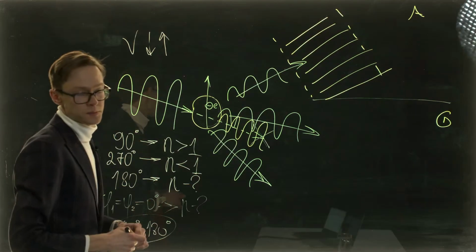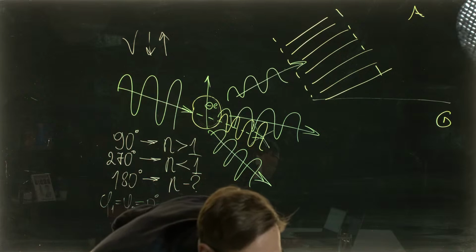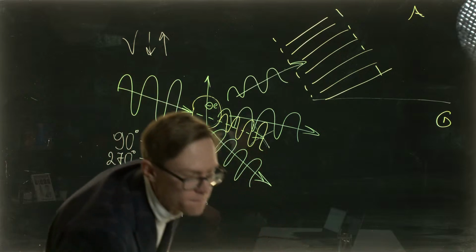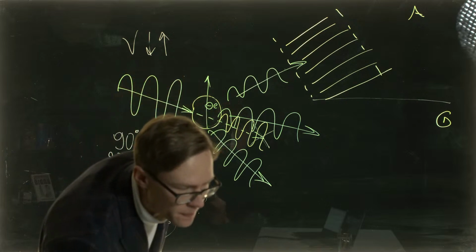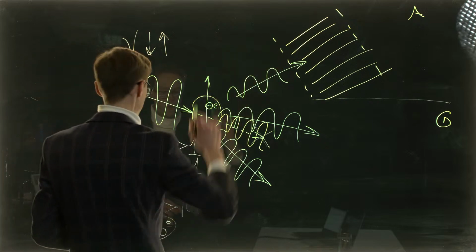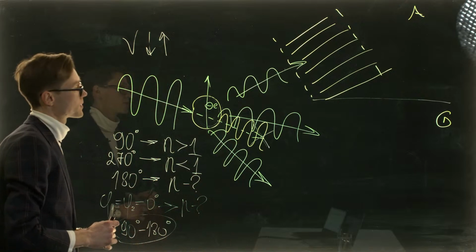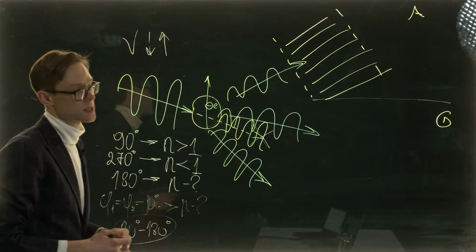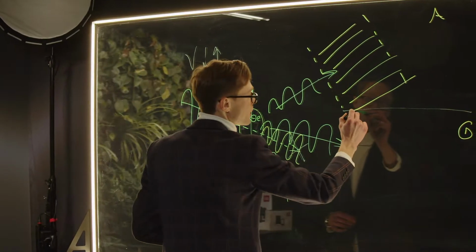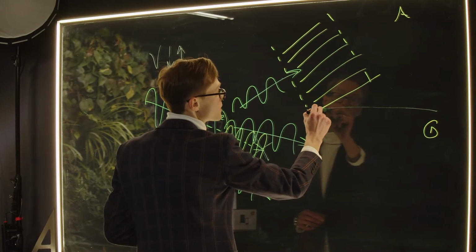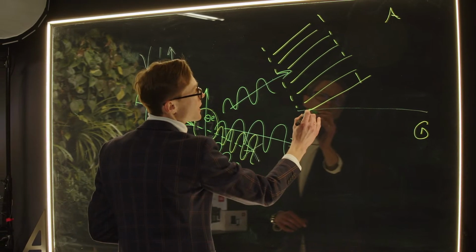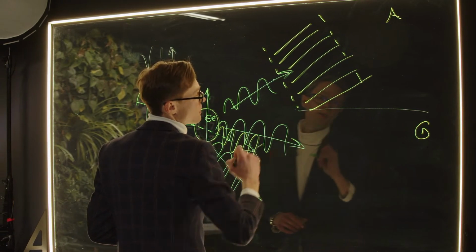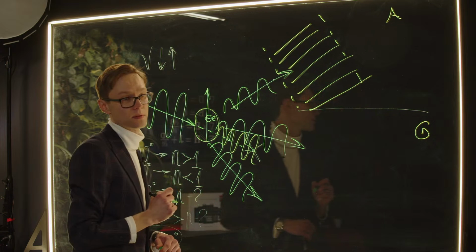Well, the refractive index of the glass and the refractive index of the air is what matters. And it means that we have a difference in the phase velocity here.